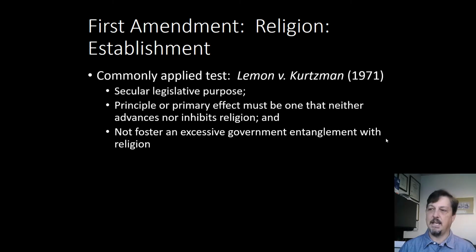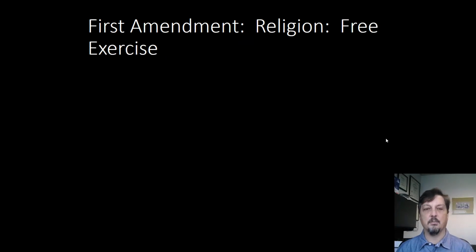And we just gave, as a brief example, the holiday display cases. And as I mentioned, there is lots of litigation on that, and it goes in various directions as you try to apply this. We then talked about free exercise.